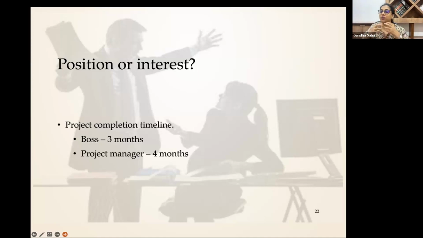But remember that when people come to the table, sometimes they don't say what they want, they camouflage it. They themselves don't know what they want. They feel they want this, but when you explore, they realize that there's something they want, and they feel this is the only way they can get it. That interest could be anything.